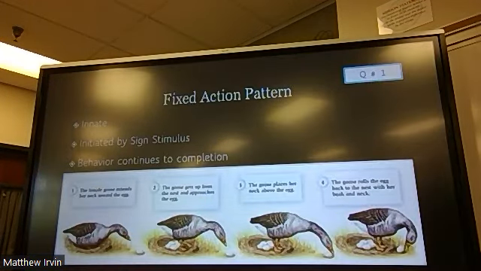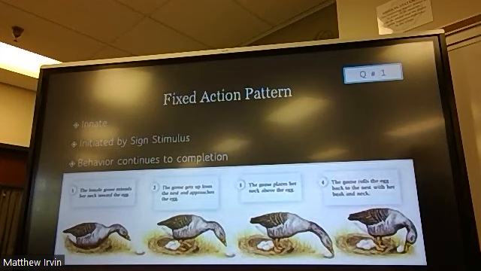When we start looking at behavior, remember that all behavior, from an evolutionary standpoint, as behaviors develop, in order for them to be good behaviors, they are in some way going to have to enhance the fitness of the organism.